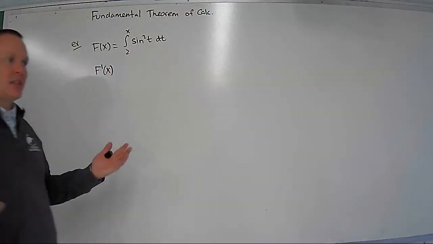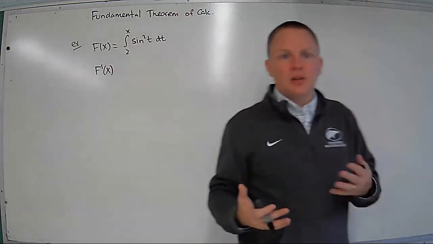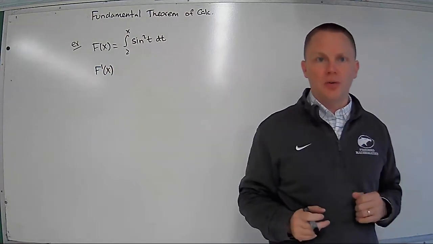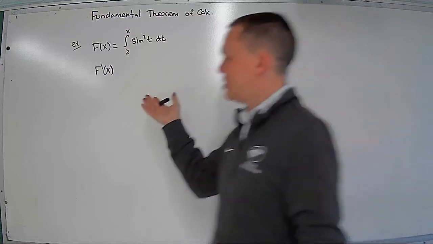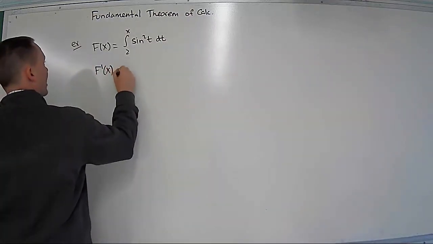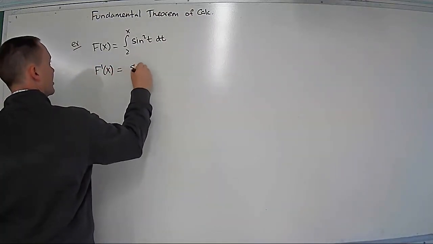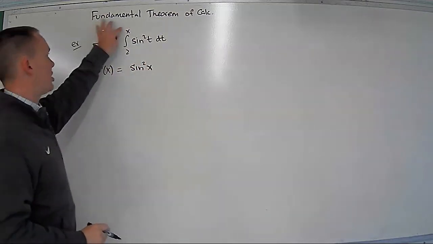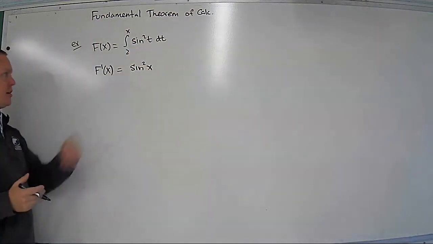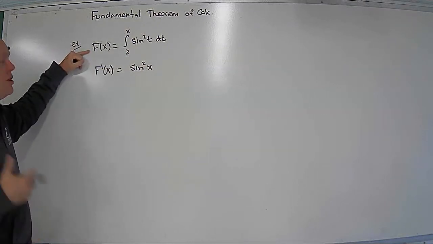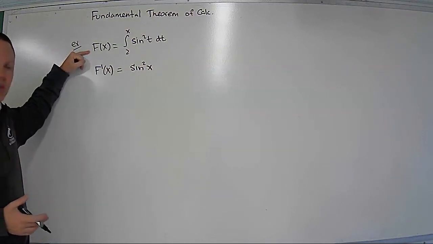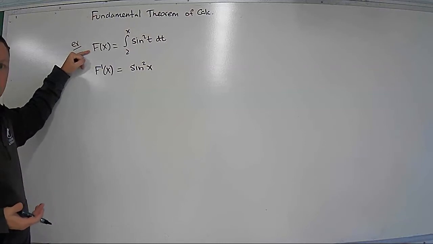Now, honestly, these problems will be the easiest for you to compute, and they may be some of the hardest to conceptually understand. But to get the answer, it's literally just this. The x just comes down in for the t, and it's sine squared of x. Because this big F function is really a funny way of representing an antiderivative of sine squared of x. Okay?